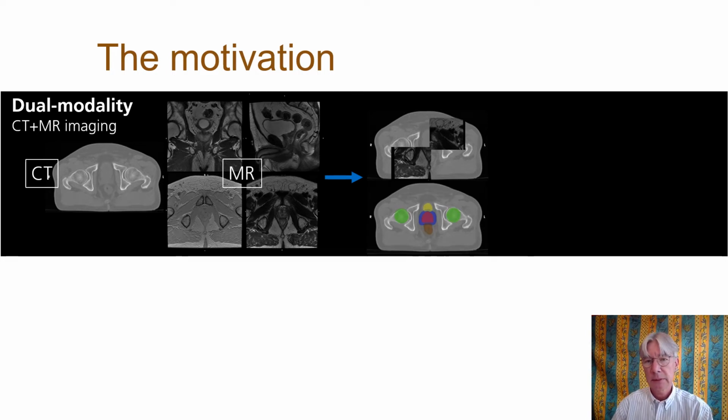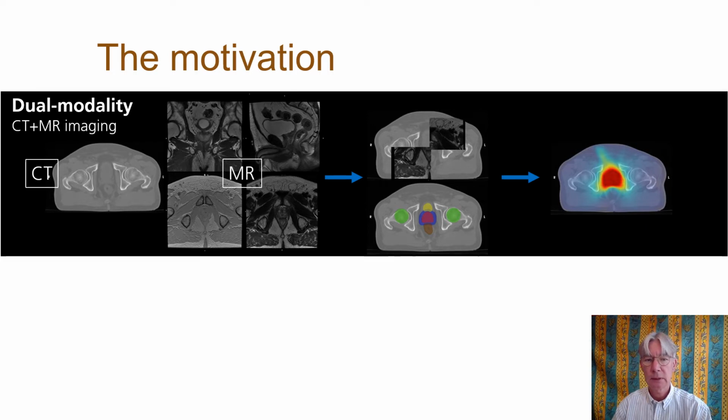We will outline the target and organs at risk on the MR images, but then we need to transfer that information to the CT frame of reference because that is what is used for the treatment planning and the treatment itself. This process creates an unnecessary geometrical uncertainty.